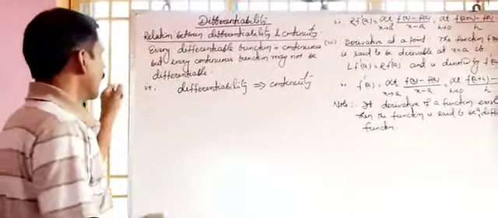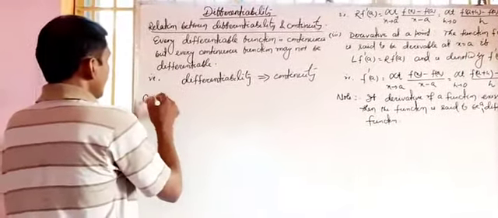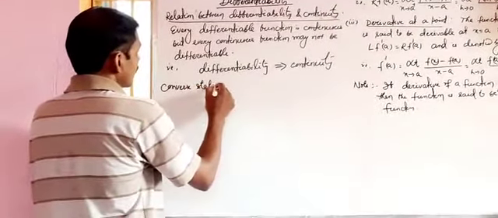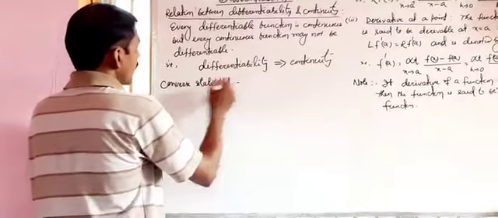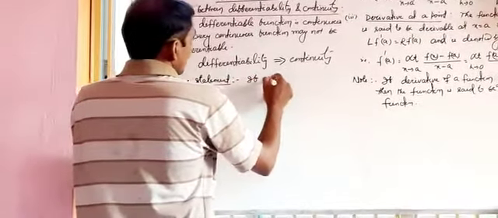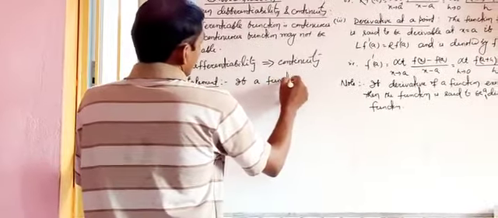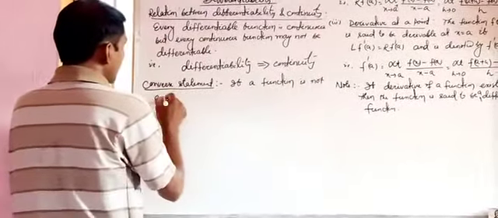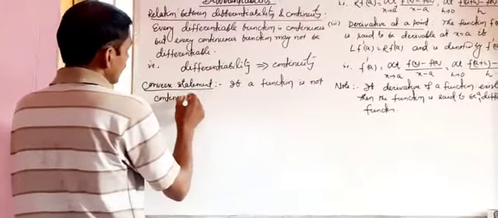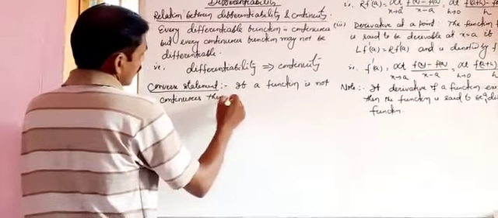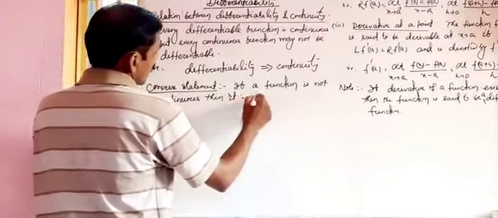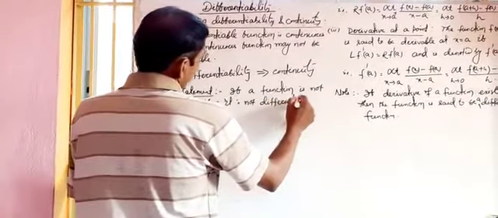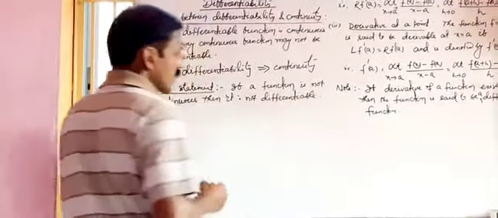Okay. So what is the converse statement? The converse statement is: if a function is not continuous, then it is not differentiable.